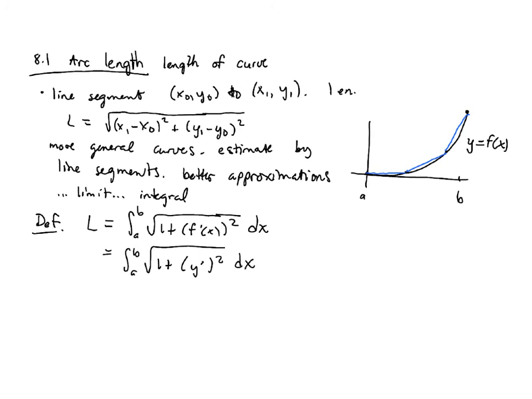Inside the radical, you see 1 plus something squared. That's the same as 1 squared plus something squared, and that comes from looking at the distance formula for the small little secant lines.